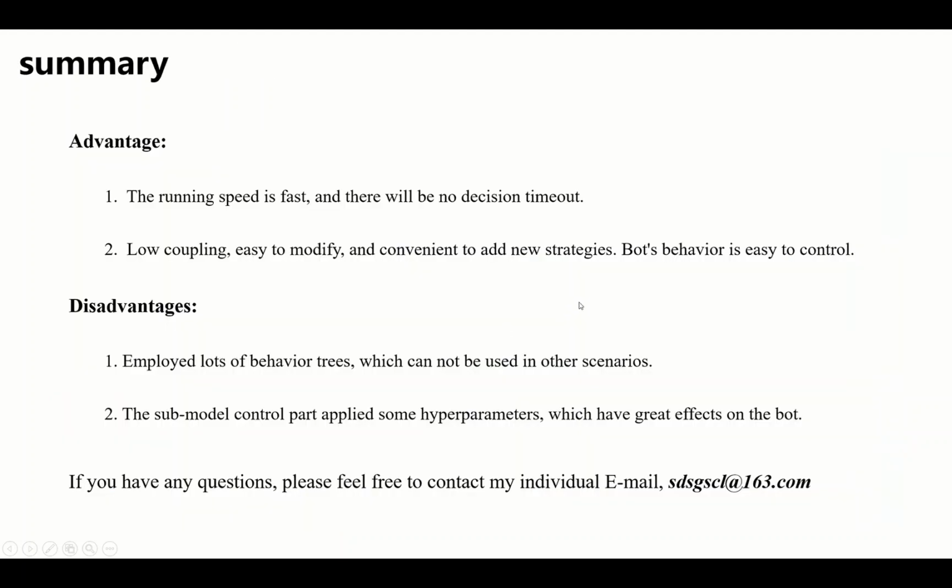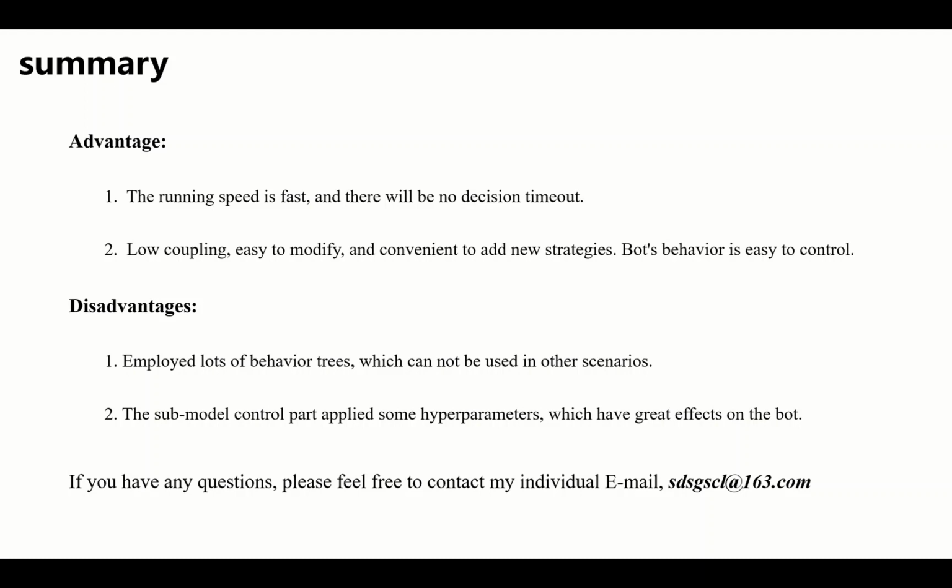Finally, we will introduce the advantages and disadvantages of our bot. The advantages of our bot are: 1. The running speed is fast, and there will be no decision timeout. 2. Low coupling, easy to modify and convenient to add new strategies.